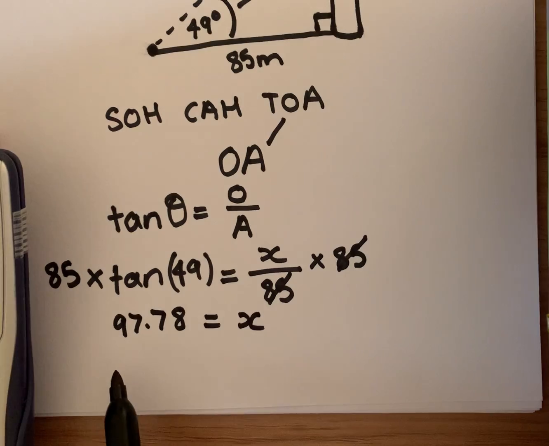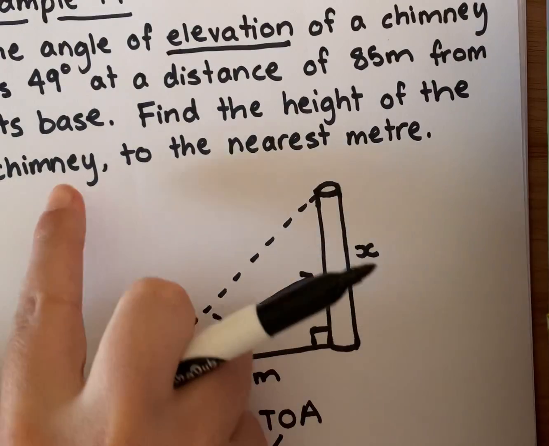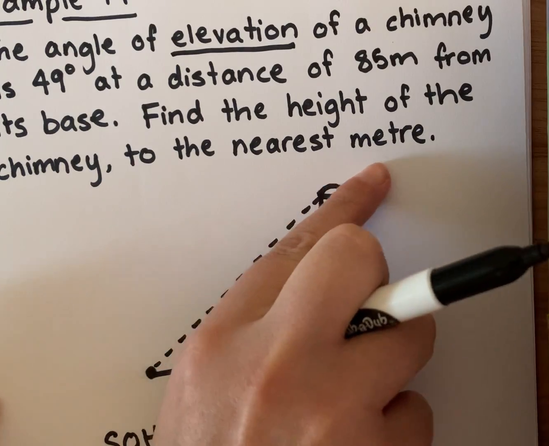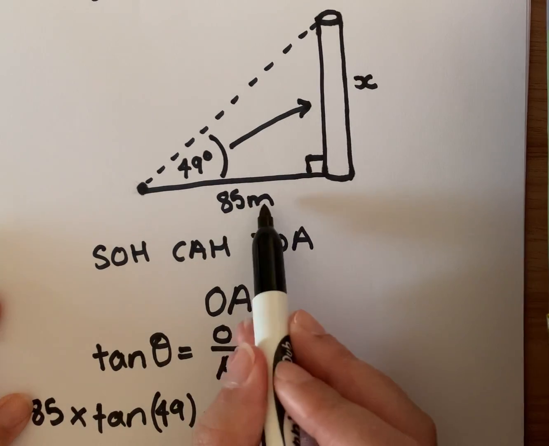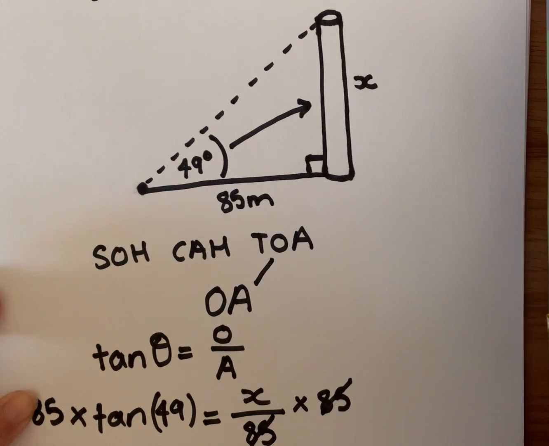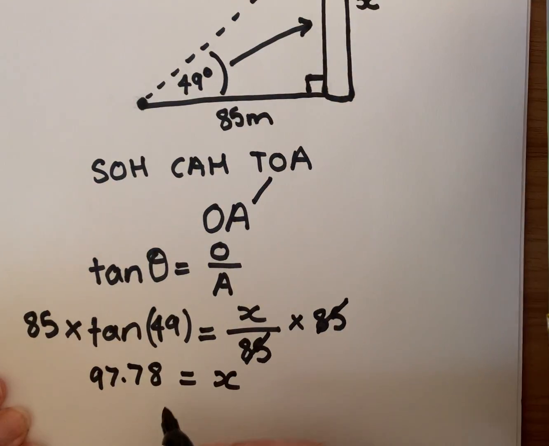So we've found x here. And the question asks to find the height of the chimney to the nearest meter, okay? So at the moment we've got x equals 97.78 meters because this was measured in meters, so this is meters too. And we just need to round off to the nearest meter. So that means that x is going to be 98 meters.